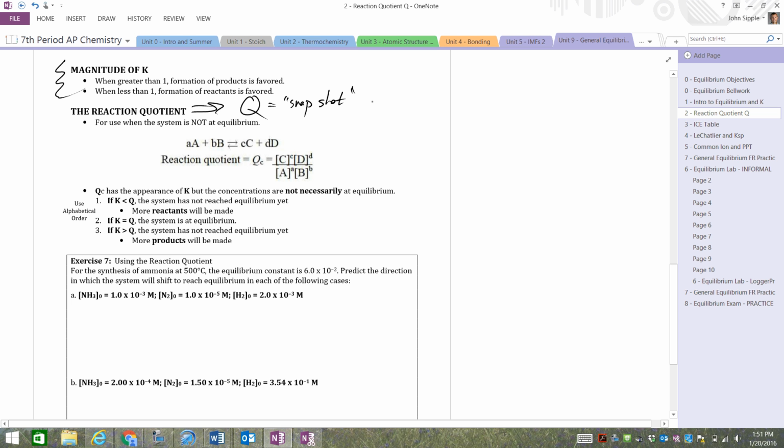It's just giving us a snapshot of where the reaction is, and it will help identify which direction the reaction will move to get to equilibrium.